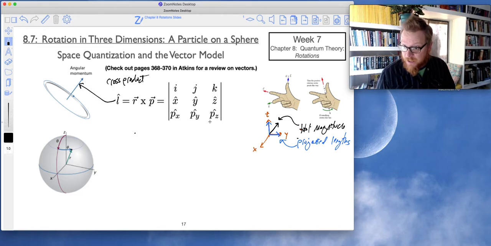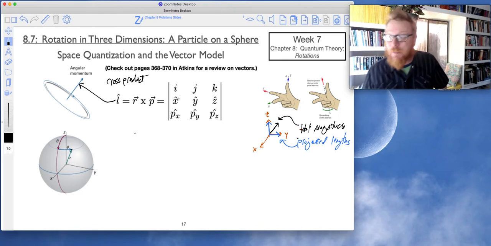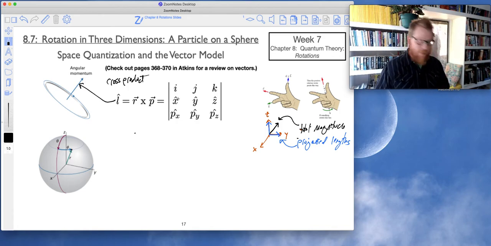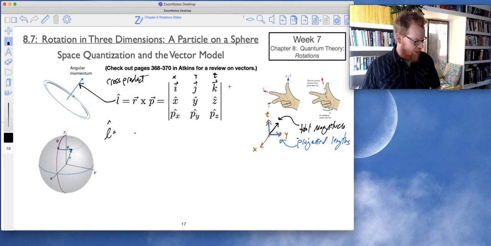We use the determinant, r cross p. You might have talked about this very briefly in some of your math classes, but I'm going to go through this to remind you. So L hat. I'm going to start with vector i. Each of these vectors, i, j, k, gives us the projected x, y, and z vectors. That's what the i, j, k stand for.